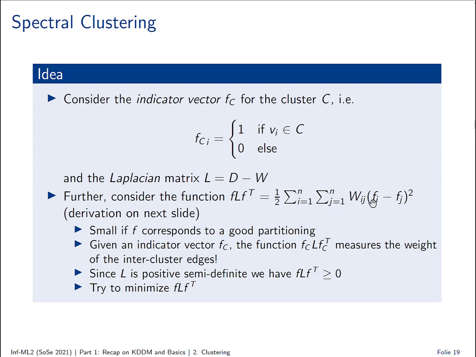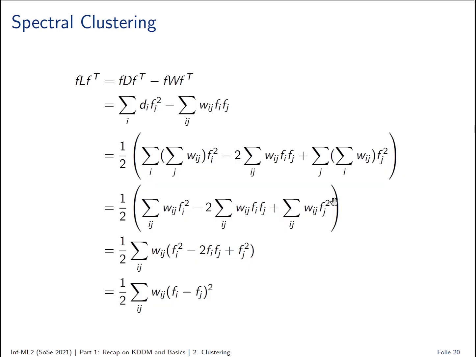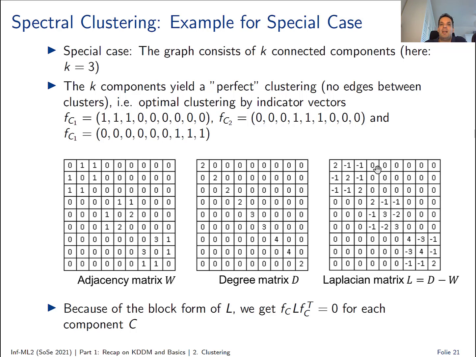Because if we minimize this one here, then we probably have a very good partitioning. So let's have a look at an example with these indicator vectors in this Laplacian matrix, and how that works. Here's a special case. The graph consists of k connected components, here k equals 3.